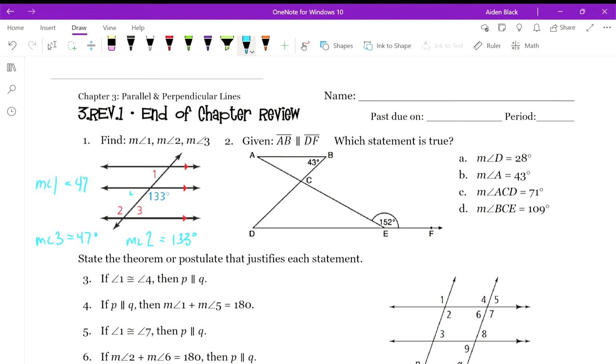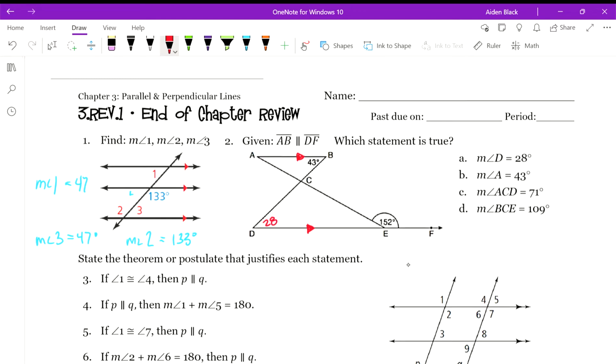Number 2 here says given AB is parallel to DF. So I'll use red. This one is parallel to this one. Good. So which statement is true? The measure of angle D is 28 degrees, so let's see. Would this be 28 degrees?